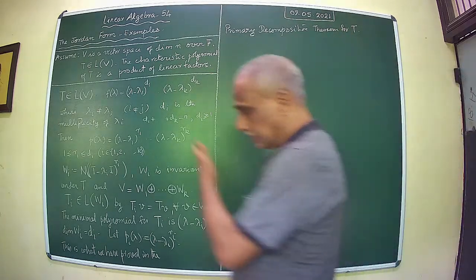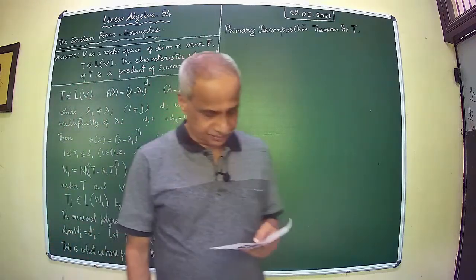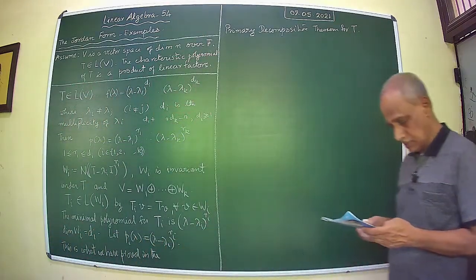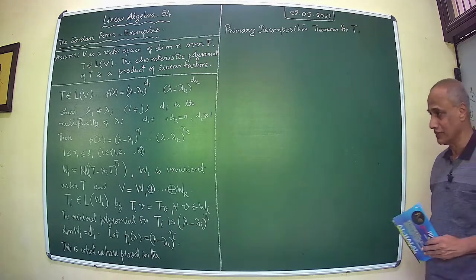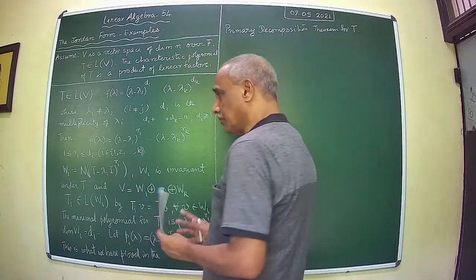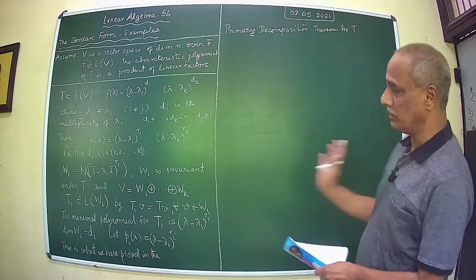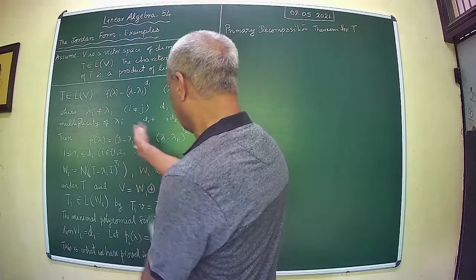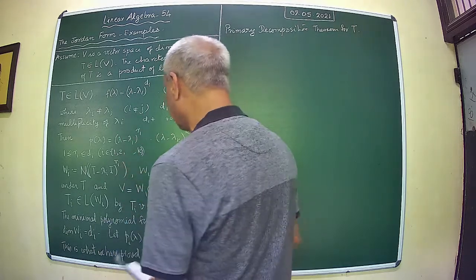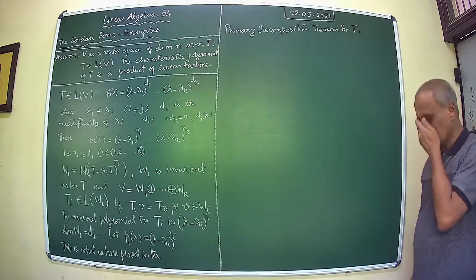It is a special case where you have the restriction on the characteristic polynomial. Now we try to break up this operator again. We want to bring in the cyclic decomposition also into the picture without any major change in this breakup. So within this breakup we want to bring in the cyclic decomposition.